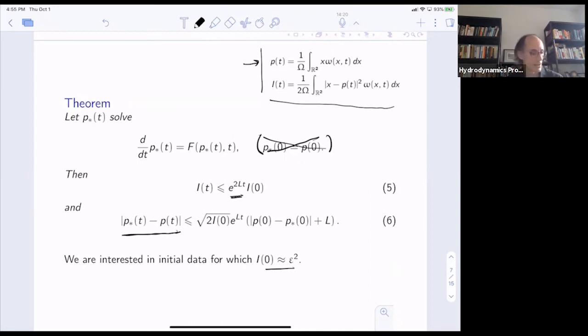And the difference between the ODE trajectory and the center of vorticity is also of order epsilon squared. Okay, so that's the first theorem, examining an isolated vortex by itself.